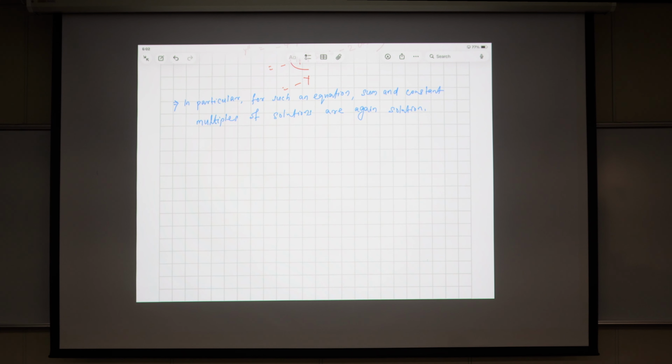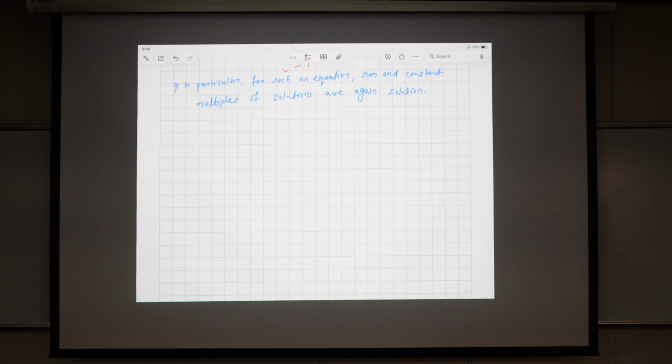Now this is the theorem I put. Let's prove this theorem. Here is the proof. Let's say the ODE is y double dash plus p y dash plus q y is equal to 0.